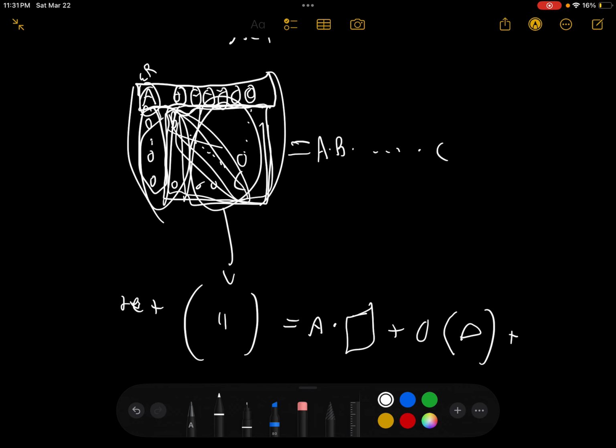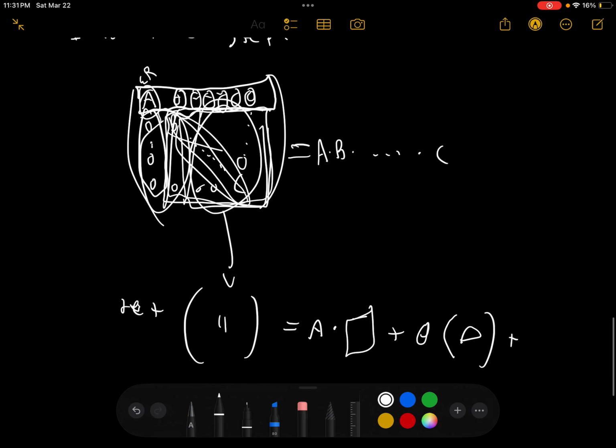But the idea is that all of these entries are just 0 times some matrix.